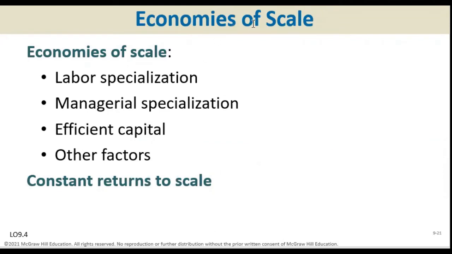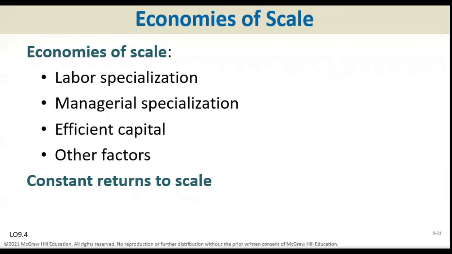So now it's time to explore the concept of economies and diseconomies of scale. Economies of scale refer to the idea that for a time, a larger plant size leads to lower per unit cost, right?